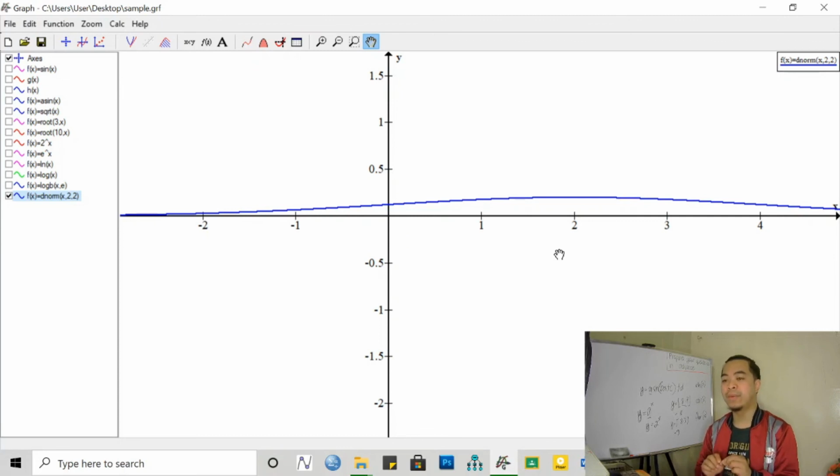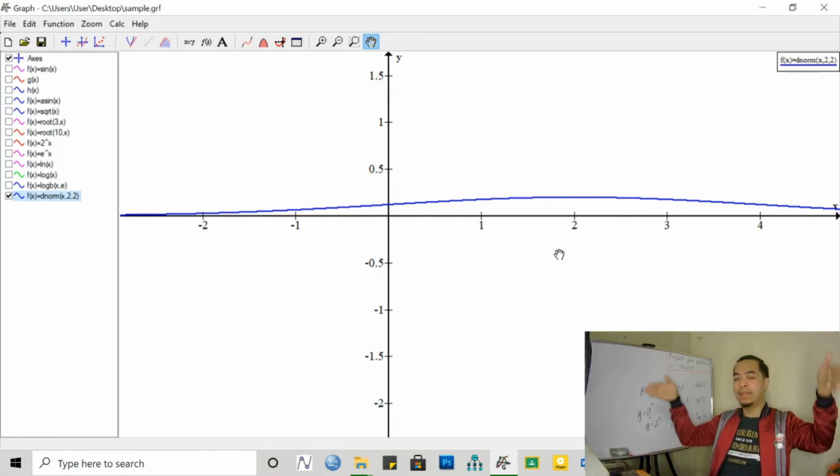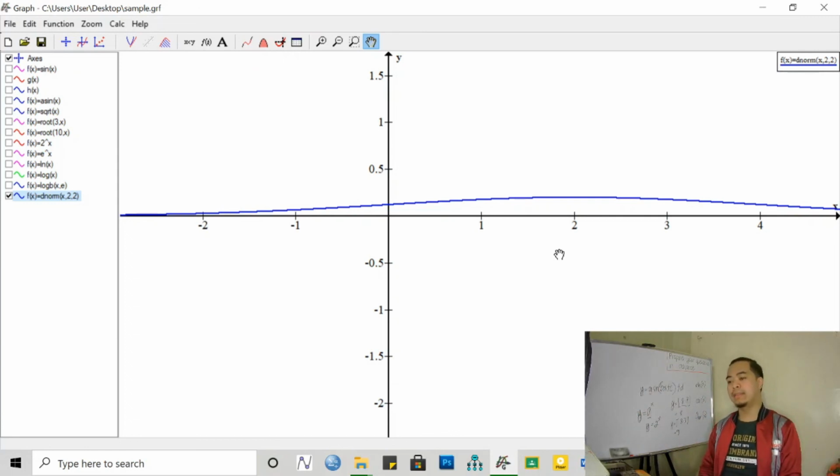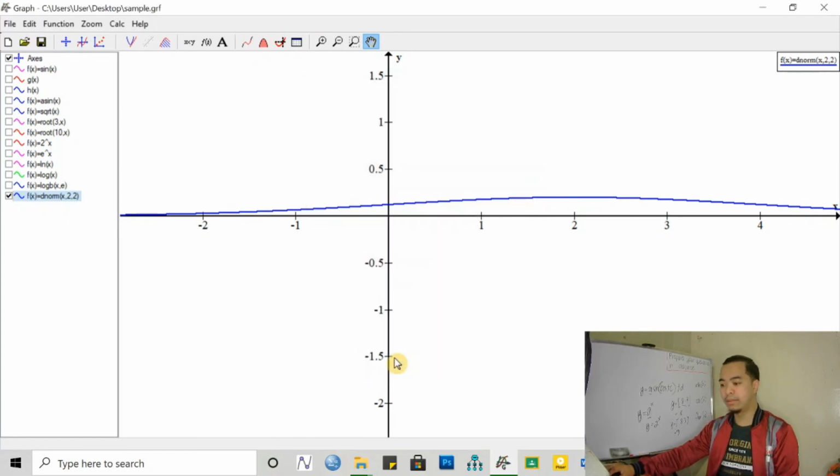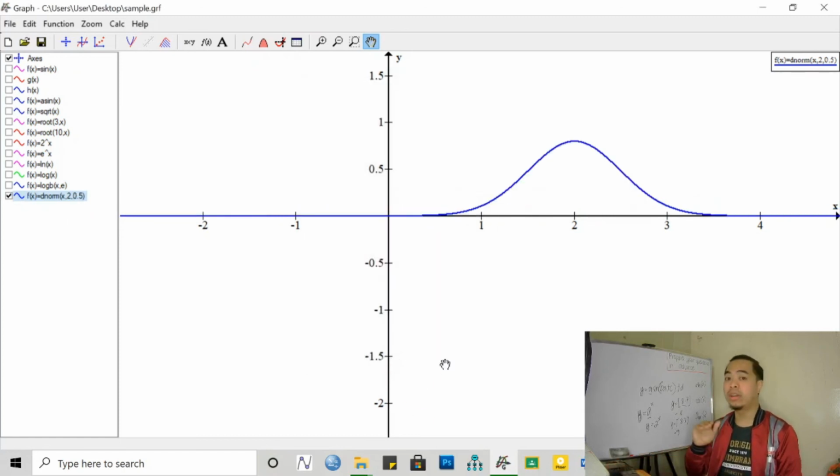So if you increase this value, the graph will look like that. It will include a higher range of numbers on our x-axis. If we decrease it from 1 to 0.5, it gives us a taller normal distribution graph.